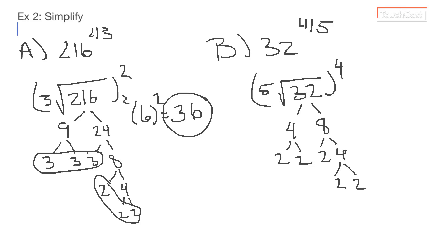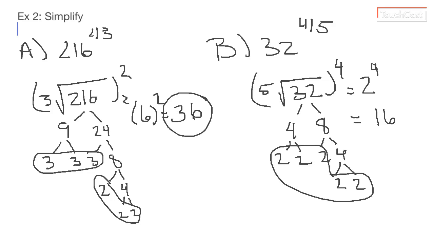So we're looking for 5 of the same number since we're finding the 5th root, and I see 5 2's. So we're taking 2 and raising it to the 4th power. Well, 2 times 2 is 4. 4 times 2 is 8. 8 times 2 is 16. So our final answer is going to be 16.